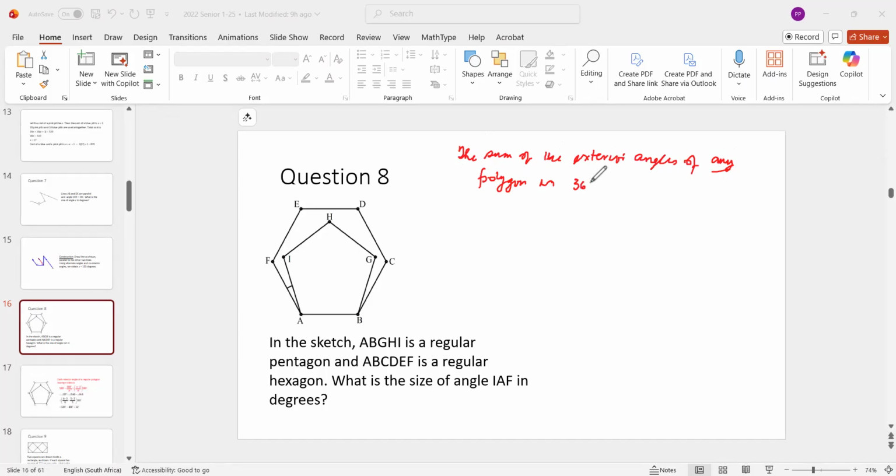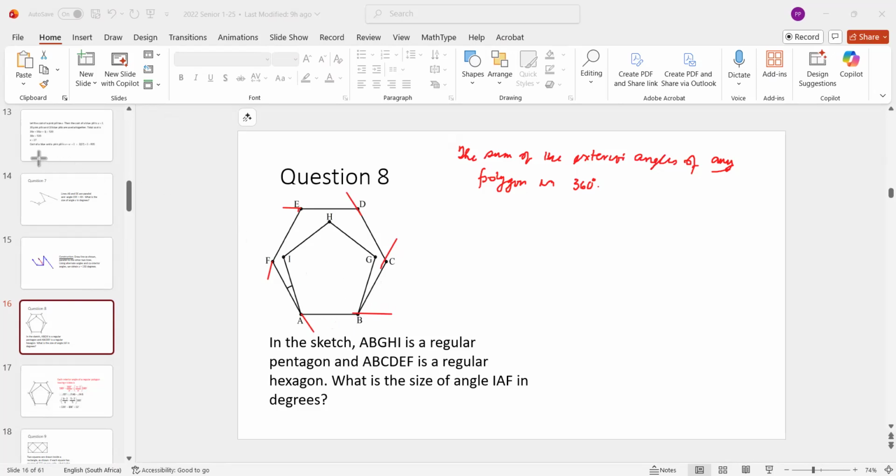It's 360 degrees. No matter what the polygon is. The exterior angles means you take each side, extend it, and then from here you go on and extend the next one. Must be extended in the same direction. Here, extend that. From here, extend that. From here, extend that. From here, extend that.